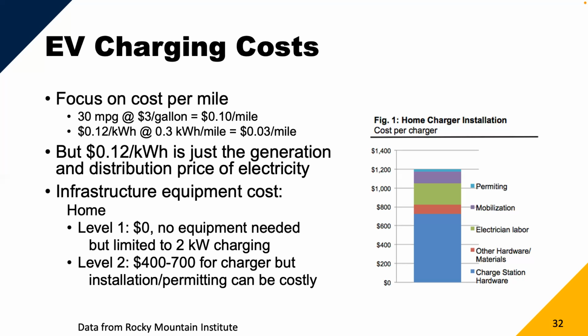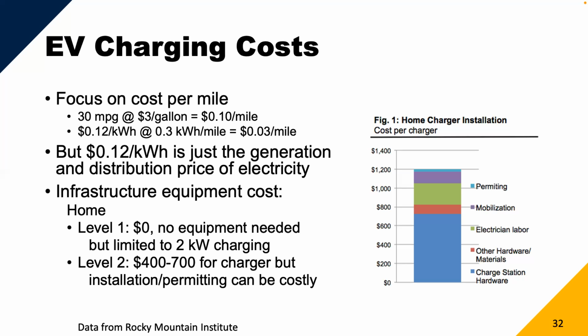I'll say this chart is definitely a little bit older. If you just buy the box itself, that's this blue thing here, and that price has come down probably a couple hundred dollars on average. But if you're doing a level 2 installation, which this is, you probably want to have an electrician come in to do it for you.